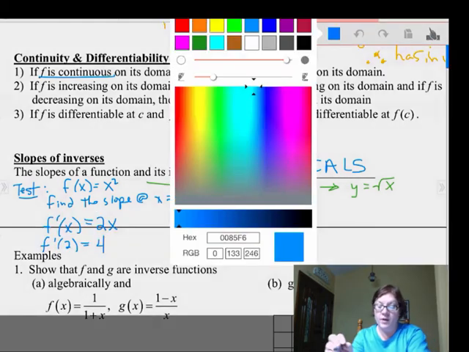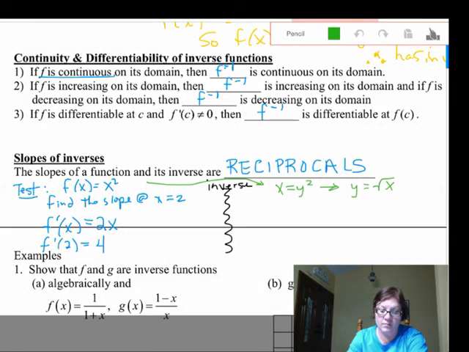And so now I'm going to convince myself that they are reciprocals on the other side. So if I take the derivative, I'll get 1/2 x to the negative 1/2.